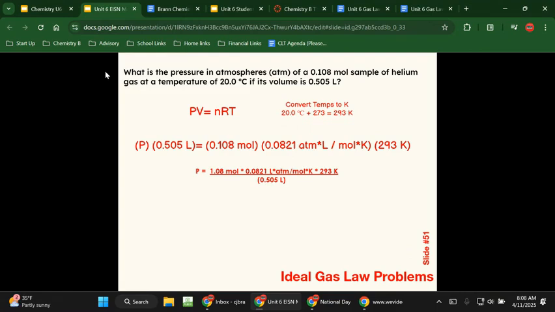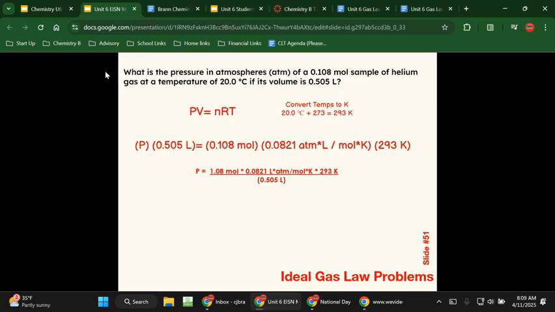Now again, you go to put this into your calculator. 1.08 times 0.0821 times 293. No parentheses needed because there's only one number on the bottom. Dividing by 0.505. Now, take a look at your units here for a second. Liters here and liters cancel out.